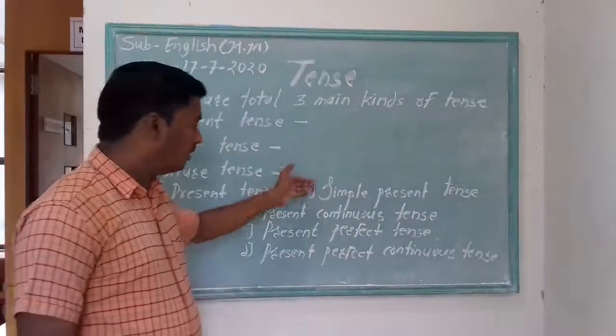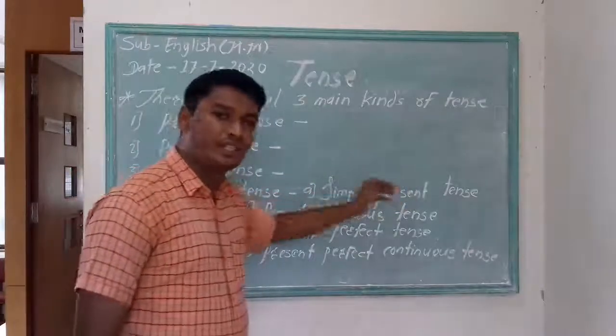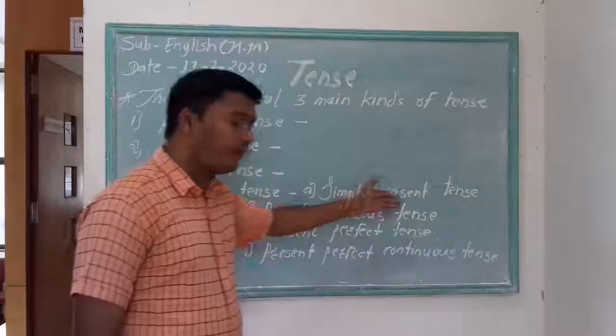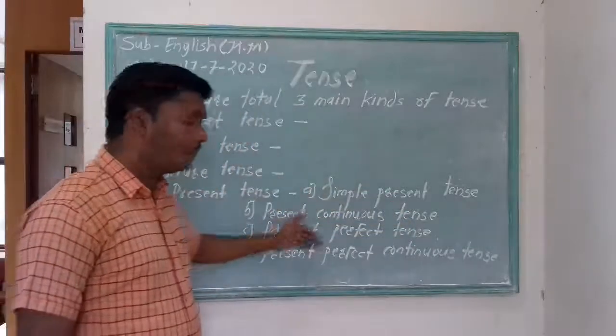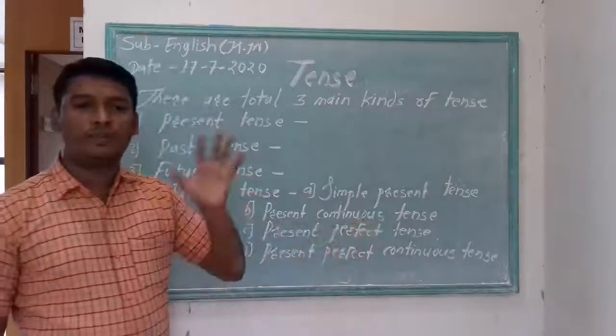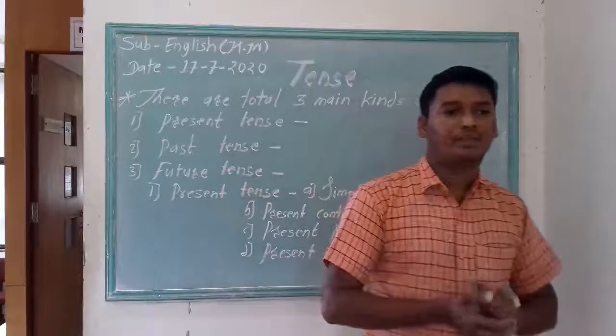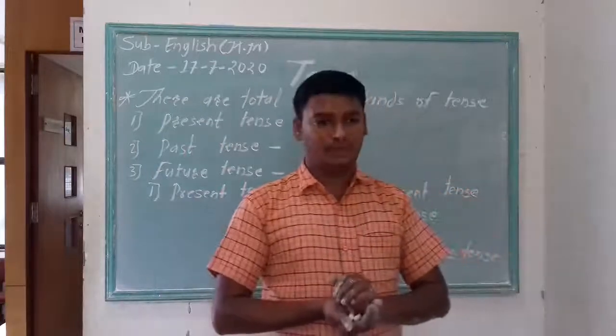Future tense: simple future tense, future continuous tense, future perfect tense, and future perfect continuous tense. These are the four subkinds of each tense: simple, continuous, perfect, and perfect continuous.